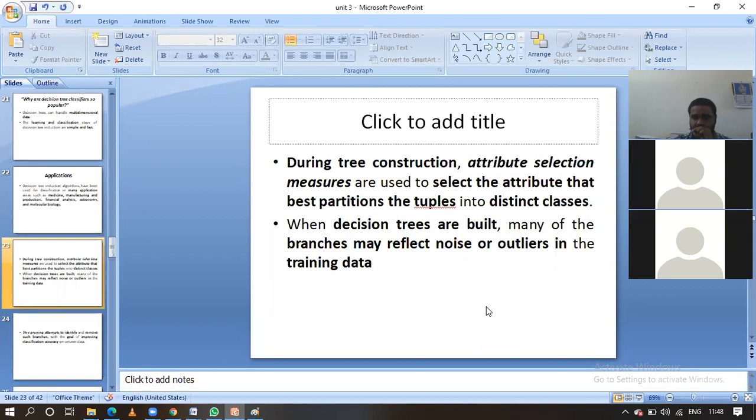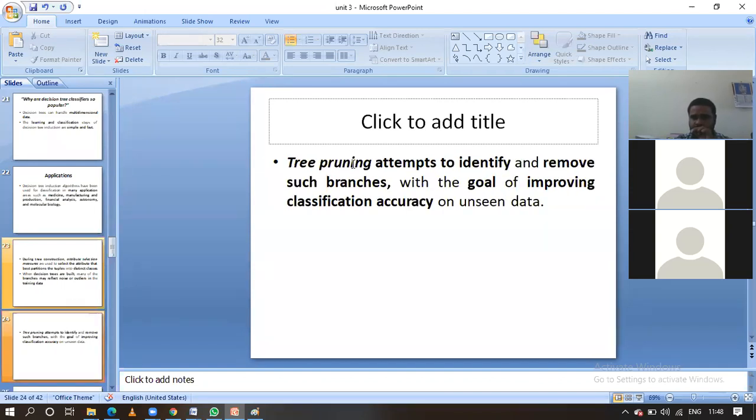Okay, and one more thing, guys. Normally, while constructing a decision tree from a huge amount of data, some branches may have erroneous or noisy data. How are you going to eliminate that? With the help of tree pruning, guys.